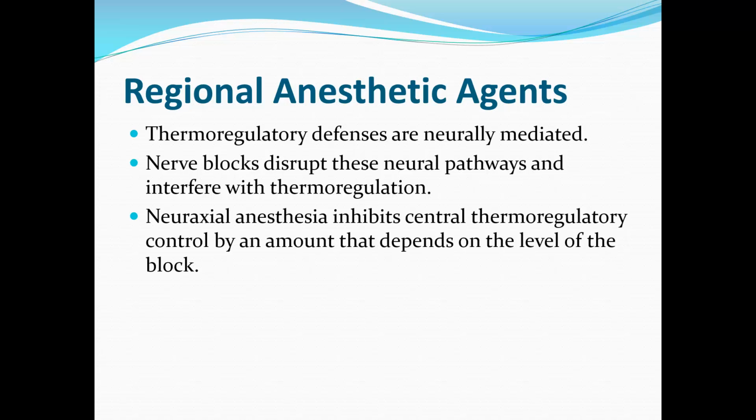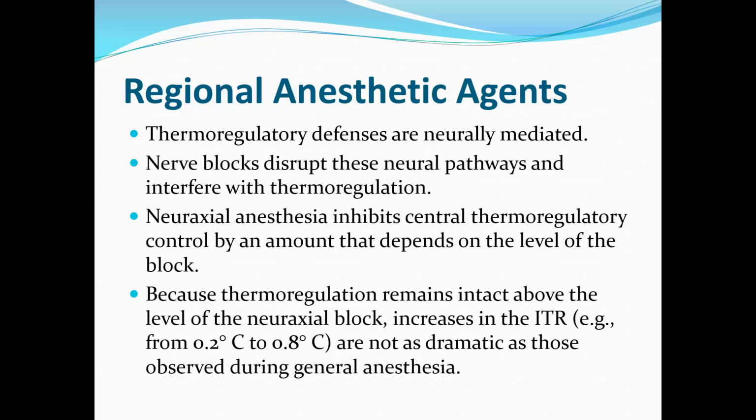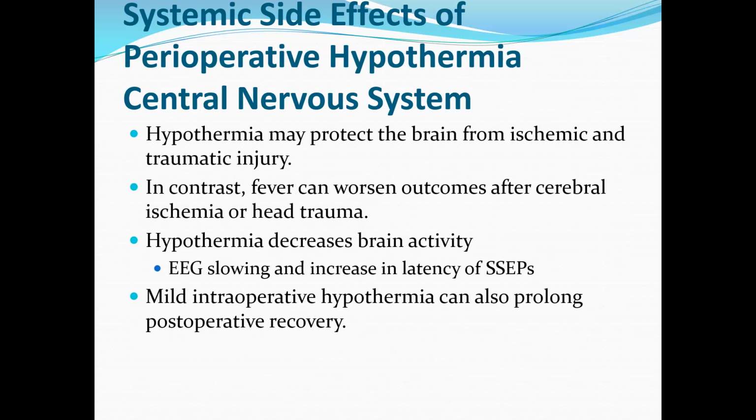Same thing, spinal anesthesia inhibits central thermoregulatory control by an amount that depends on the level of the block. So the higher you go, the more this system is affected. And because thermoregulation remains intact above the level of your block, increases in the inter-threshold range are not as dramatic as those observed during general anesthesia.